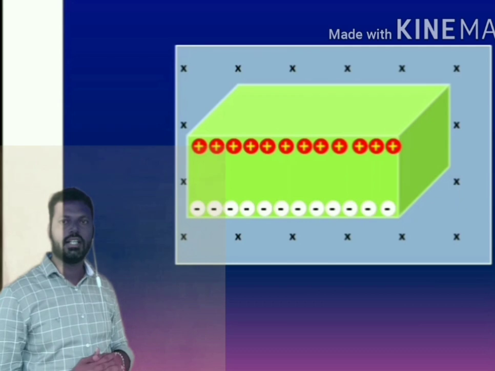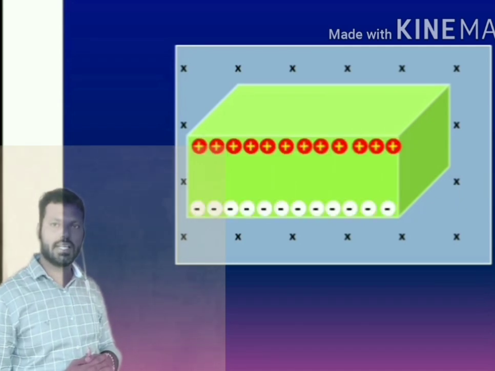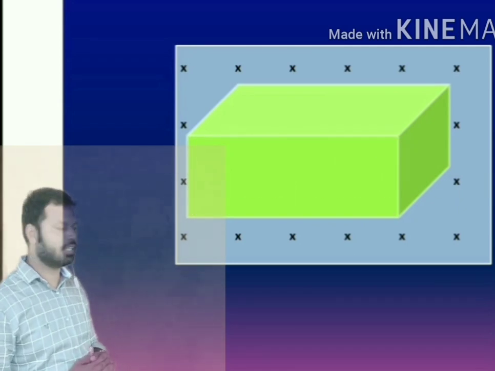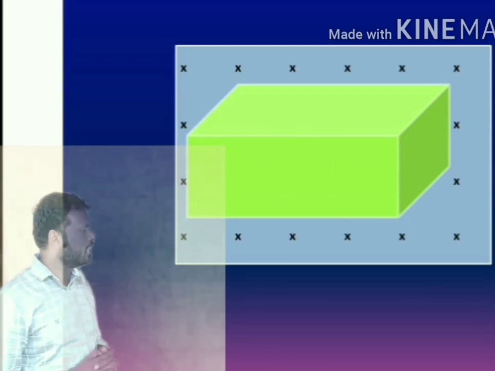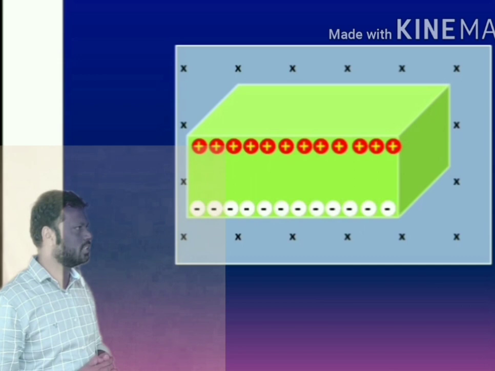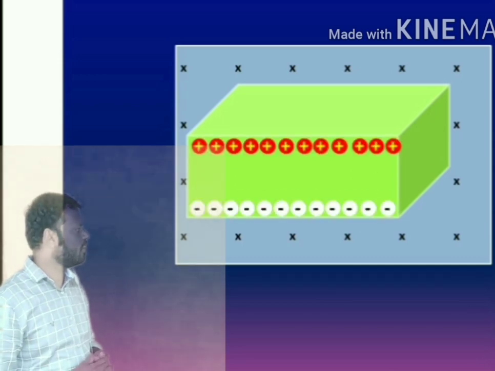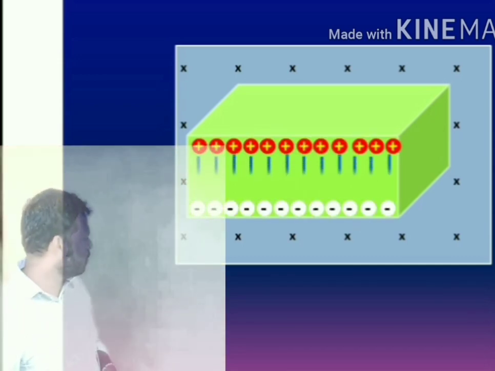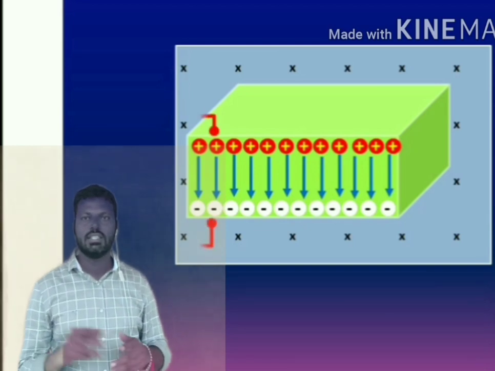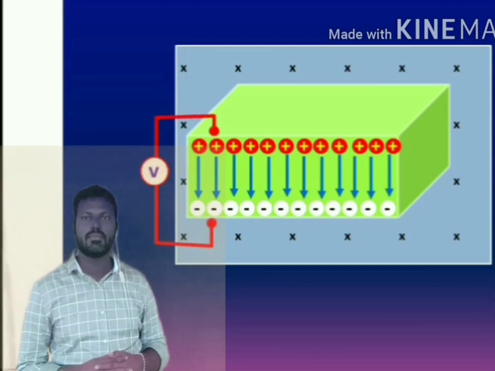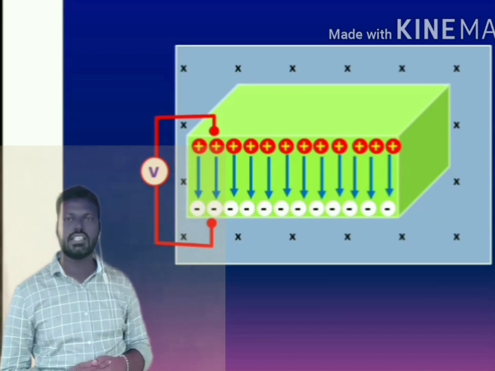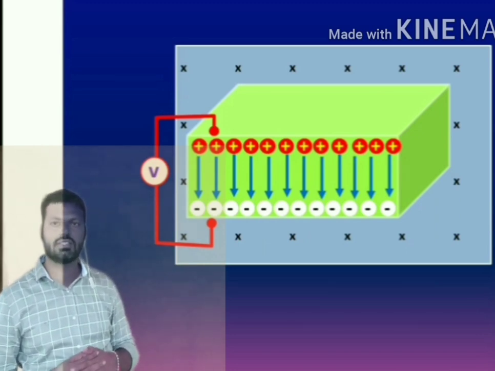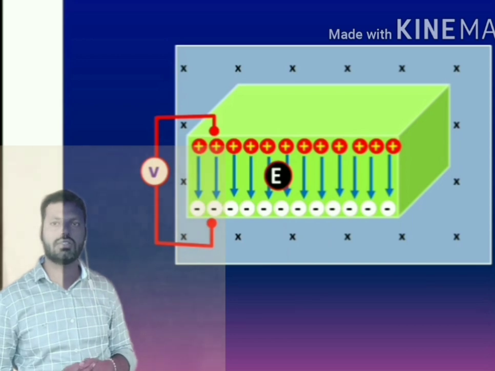In this way, when a current carrying conductor is placed in a magnetic field perpendicularly, charges develop on the opposite sides of the conductor. Due to these charges, a potential difference is developed between the opposite sides of the conductor. This potential difference is called Hall potential difference, and the electric field induced between the charges is called Hall electric field.